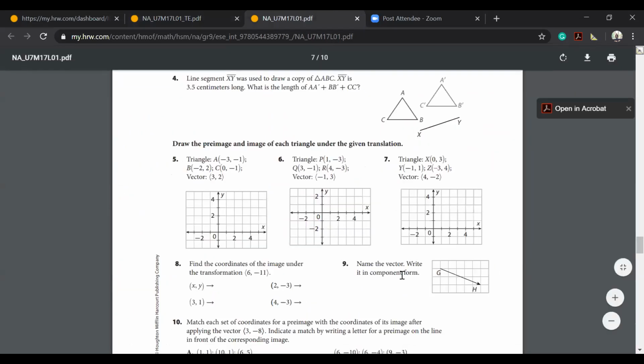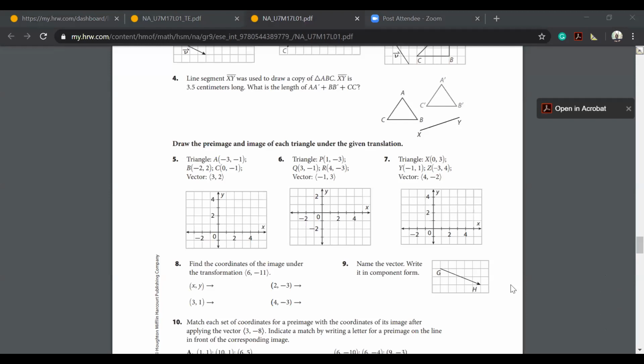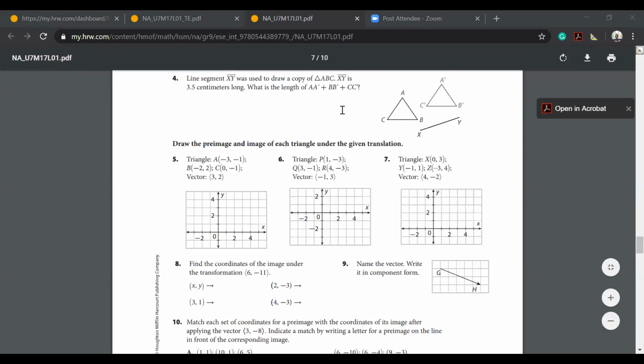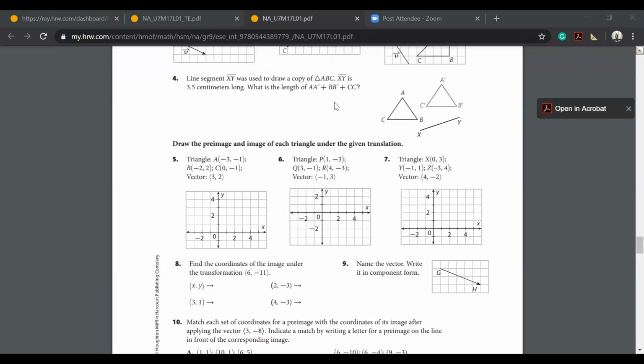So my line in here is going to be the GH. So to name the vector, it's going to be GH, and then I'm going to put the arrow in here. The problem is that I cannot do it on here to write for you. I can do it on the whiteboard.